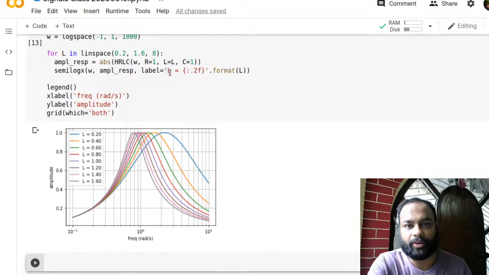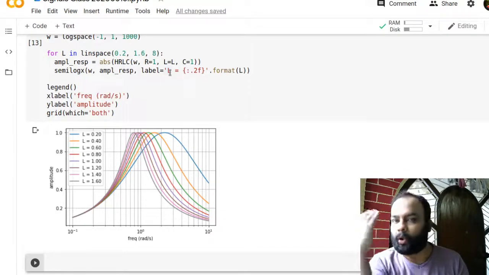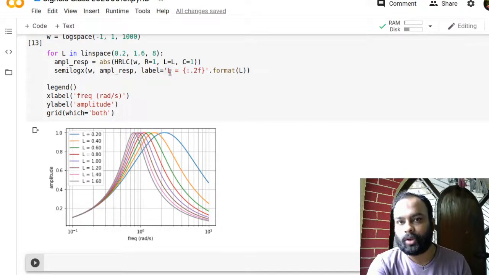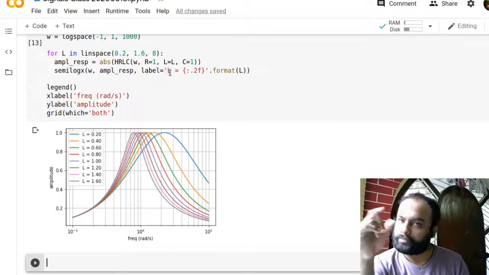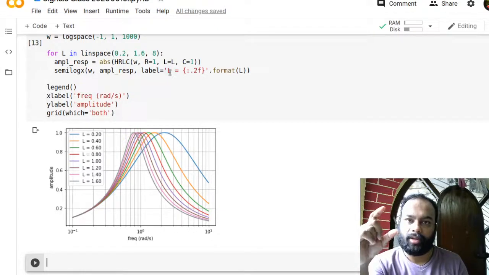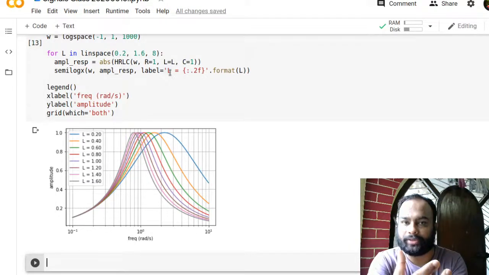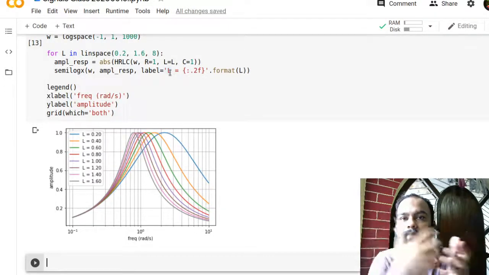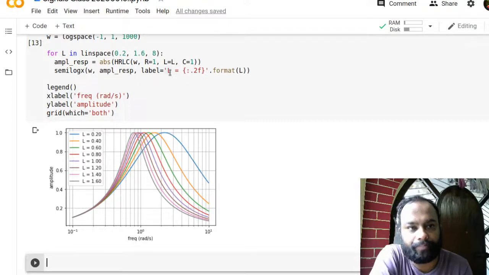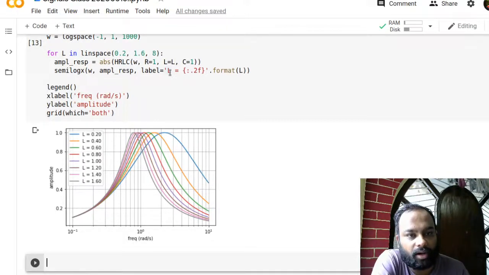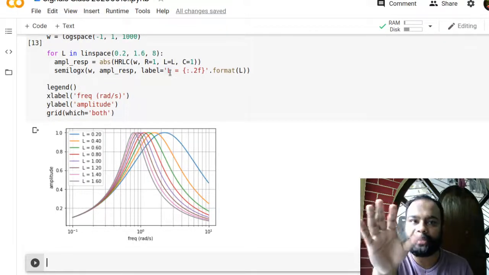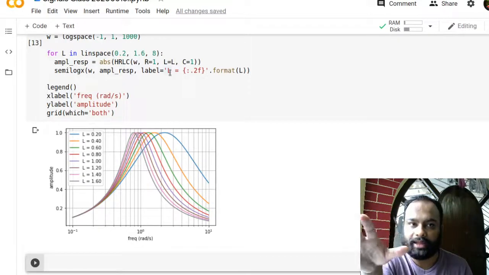Whenever we plot frequency responses, frequency will always be on a logarithmic scale, in a semi-log graph paper. Because we want to emphasize small changes in small frequencies and large changes in large frequencies, because that is how we perceive changes.